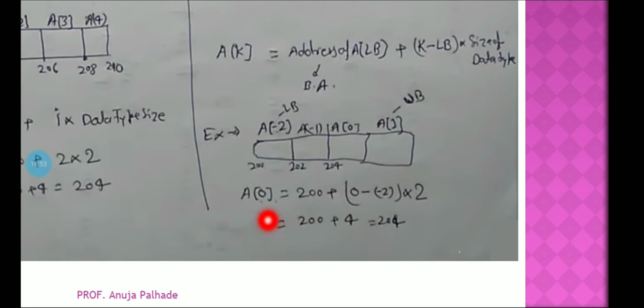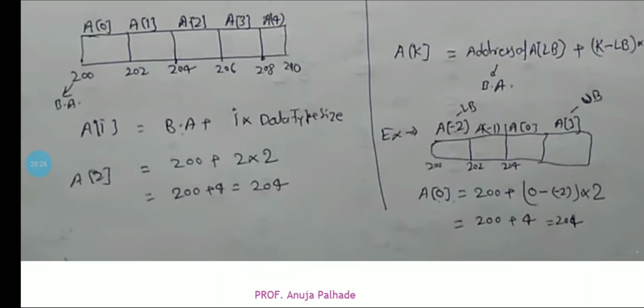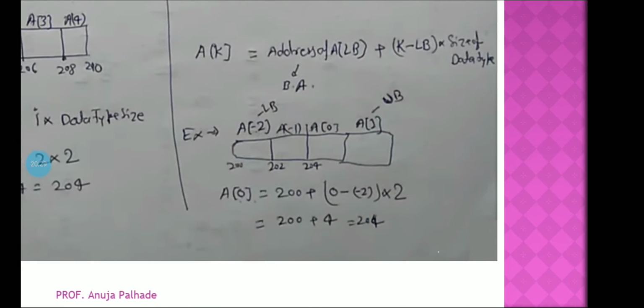Suppose we are interested in finding the base address of A of 0. You know from the figure that the base address of A of 0 is 204, but let's find it with the formula. For A of 0, the base address of the whole array is 200 plus the index we are finding, that is 0, minus the lower bound index, multiplied by the size. This is another formula for finding addresses in a very big array, or an array which starts from lower and upper bounds.